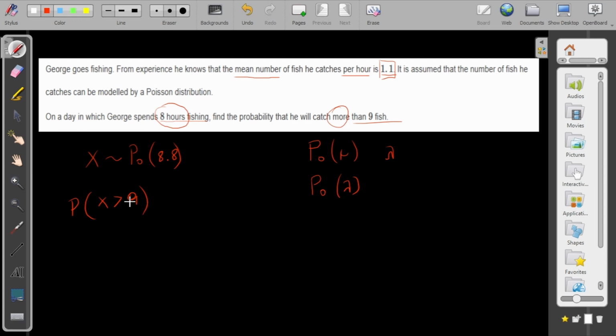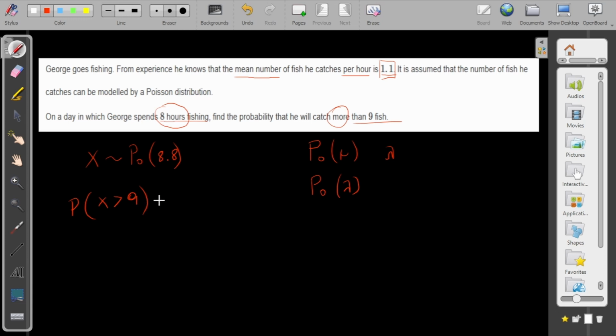This is a cumulative probability because I want more than 9, which means 10, 11, 12 and so on. I don't know where it goes up to. So in my TI-84 calculator I cannot calculate how much it is to catch more than 9.